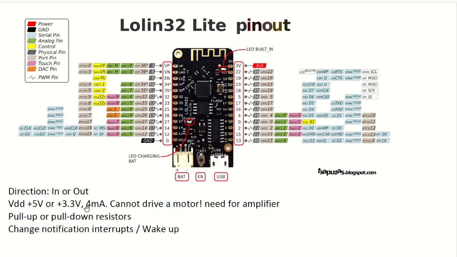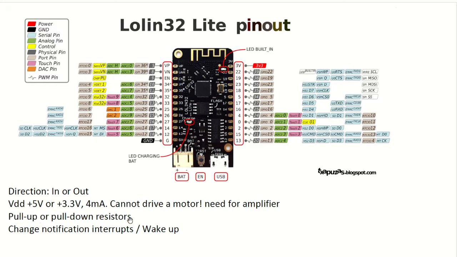Generally, it's limited to about 4 milliamps. So if you want to just switch an LED, you need to put a resistor in order to limit the current to the maximum of the output of this microcontroller digital input-output port. For the use as input, it can be programmed with pull-up or pull-down resistors.